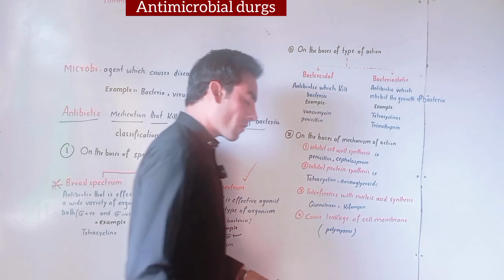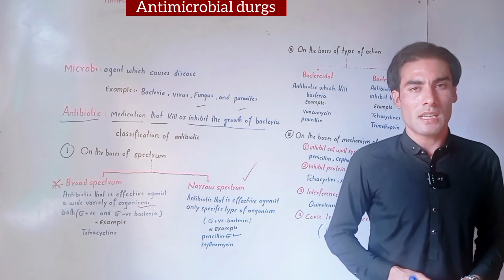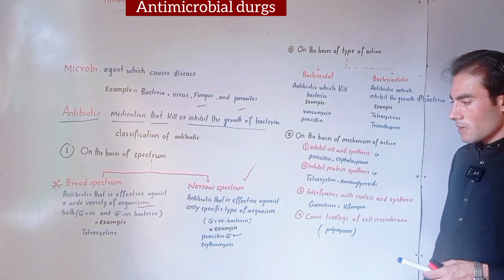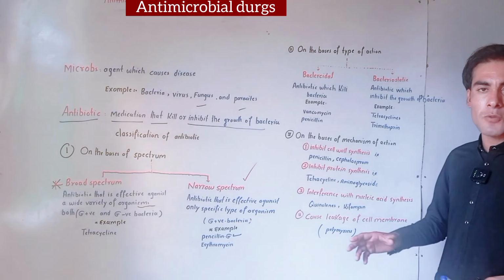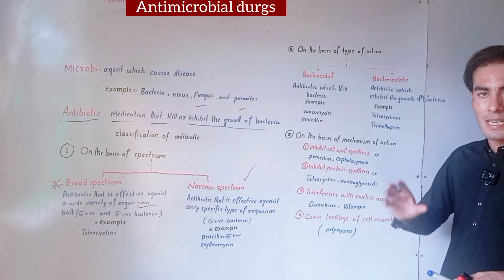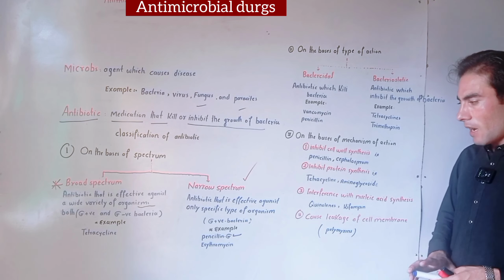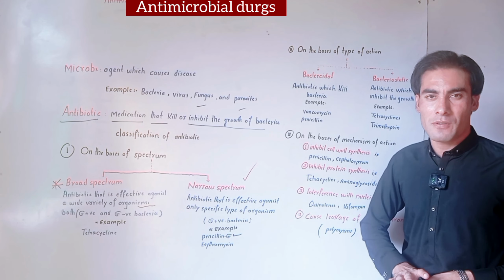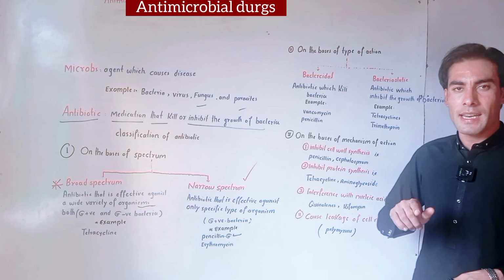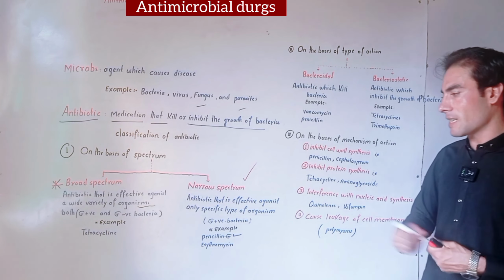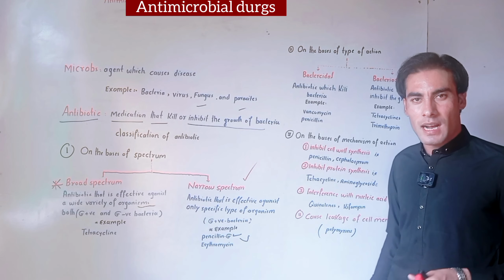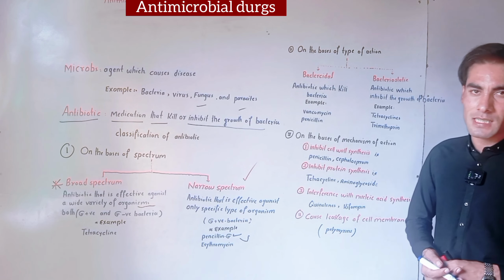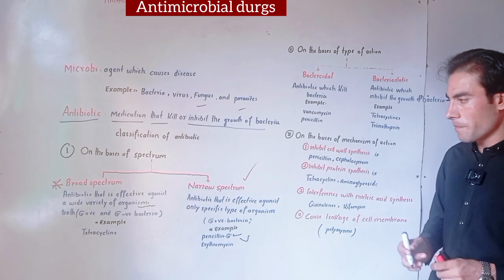They target the peptidoglycan of bacteria and are effective against gram-positive bacteria. So remember that gram-positive bacteria have a much thicker layer of peptidoglycan, and gram-negative bacteria have a thinner layer of peptidoglycan. If you inhibit peptidoglycan, then this drug is more effective against gram-positive bacteria and less effective against gram-negative bacteria.